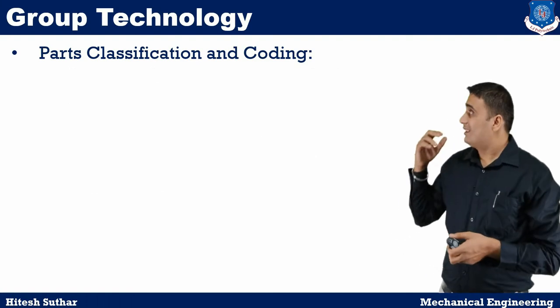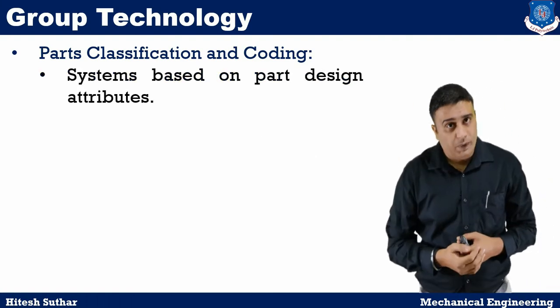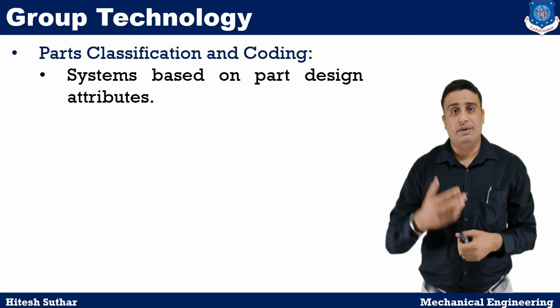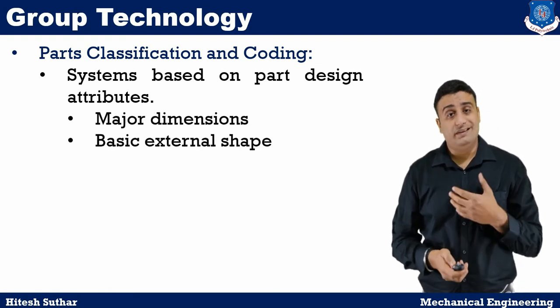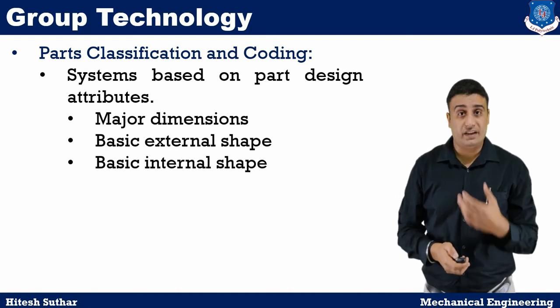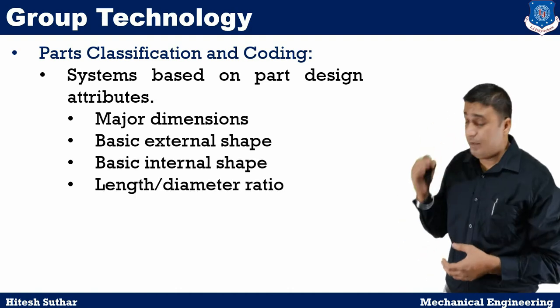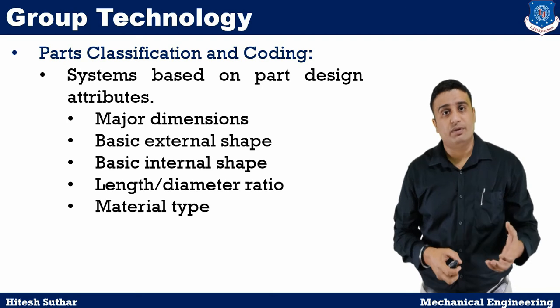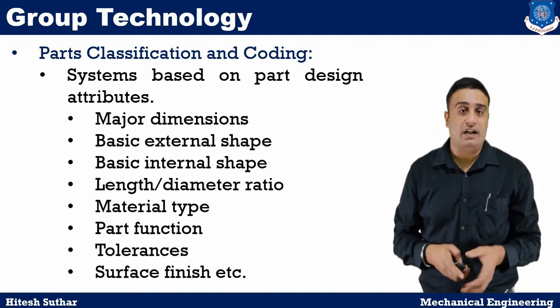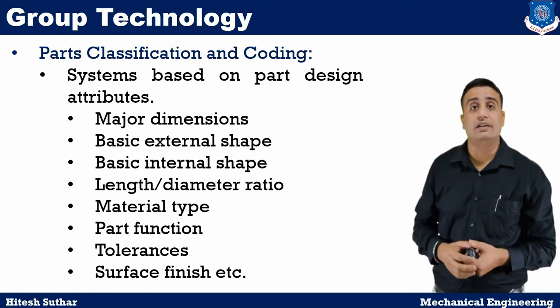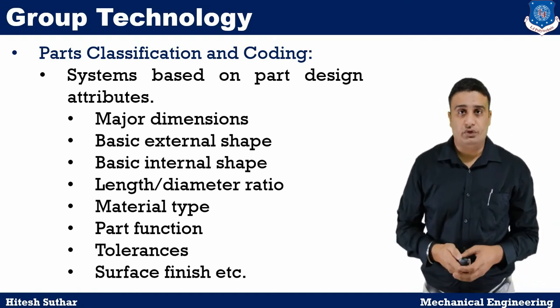So let's discuss the system based on part design attributes. Which parameters will we consider here? Major dimensions, basic external shape, basic internal shape, length to diameter ratio, material type, part function, tolerances and surface finish, etc. These are the parameters we consider in design attributes.